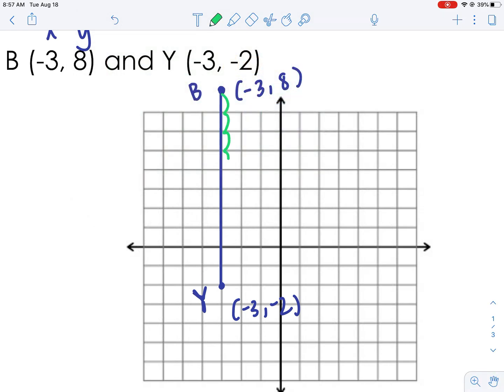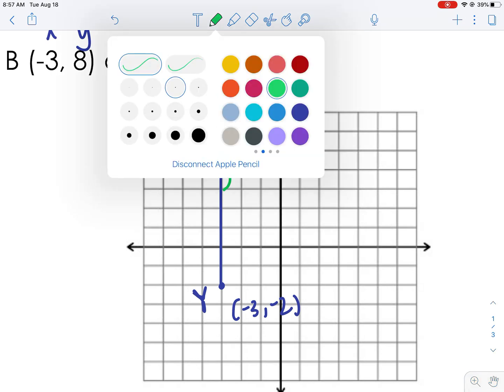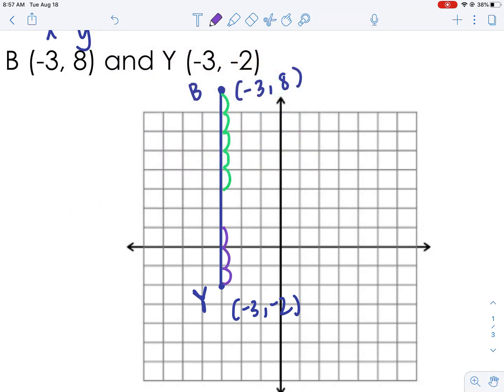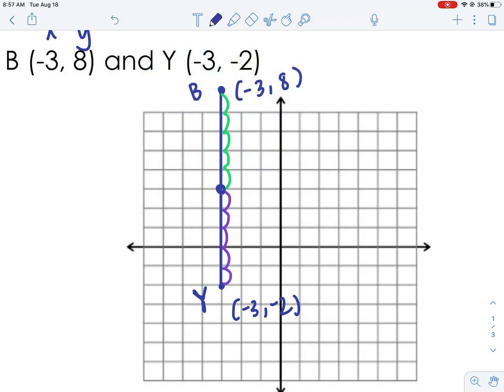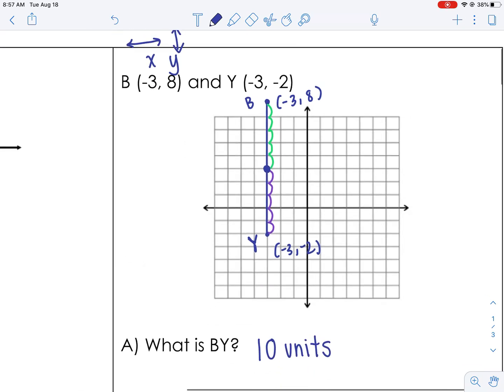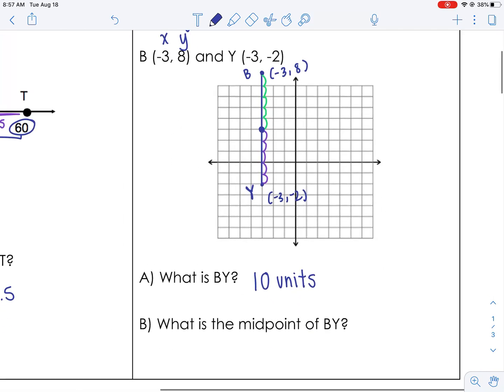So I should go 5 in. The other way I should be going 5, which would put my midpoint right here. And that point is left 3, up 3, so that makes my midpoint, I'm going to call it M for midpoint, at -3, 3. I have 2 numbers because now I'm on a graph.